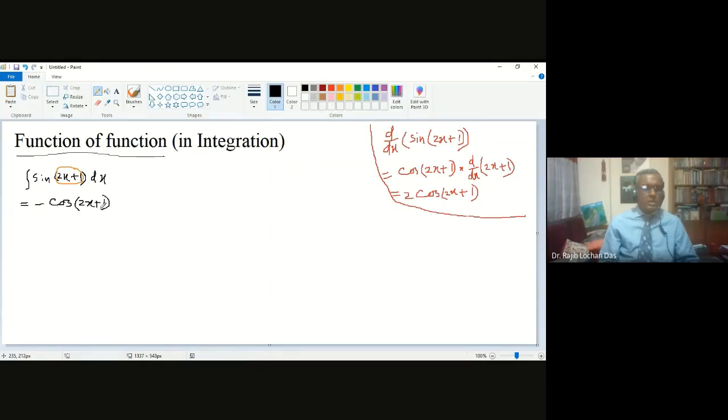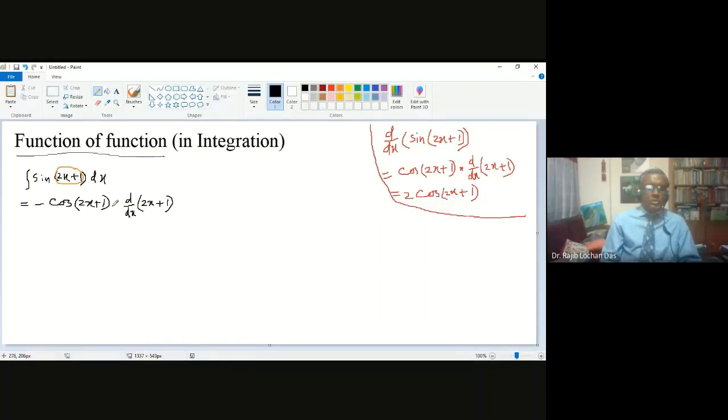So this is the first part. And then you need to do something with the part you are thinking of as your x. You need to take care of this now. How is it possible? In integration, you do the same as in differentiation: d/dx of 2x+1, but not multiplication.